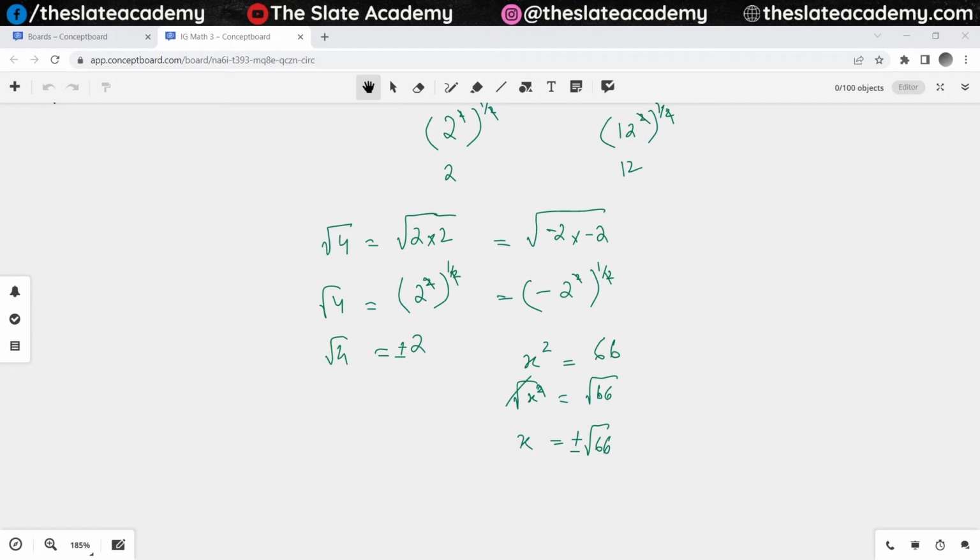Okay, so we know that root 4 is equal to 2, or we can say positive 2 and negative 2, right? But root 4, we know it is equal to 2. What about root of minus 4? What would the answer be?